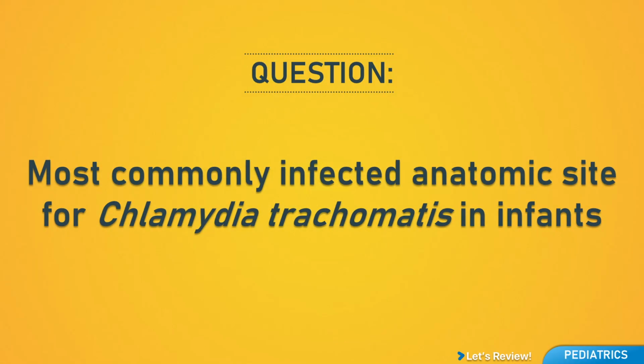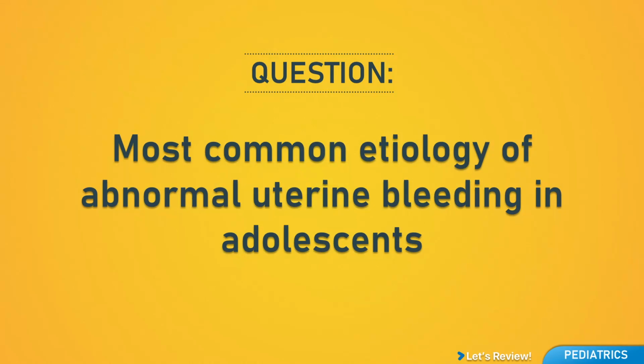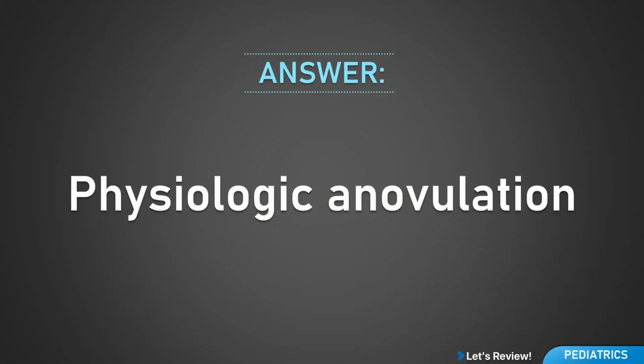Most commonly infected anatomic site for Chlamydia trachomatis in infants. Nasopharynx. Most common etiology of abnormal uterine bleeding in adolescents. Physiologic anovulation.